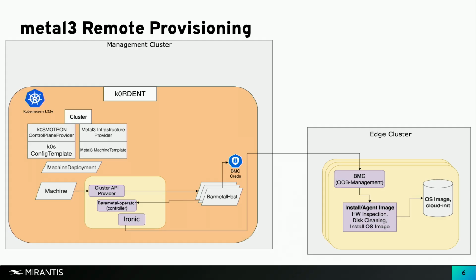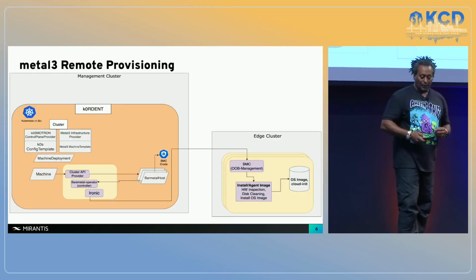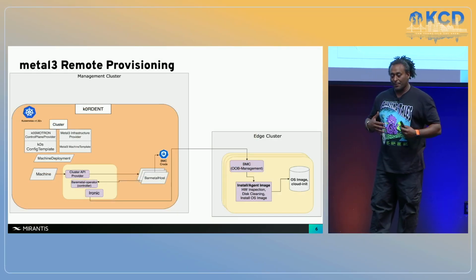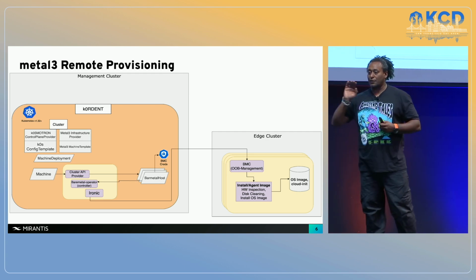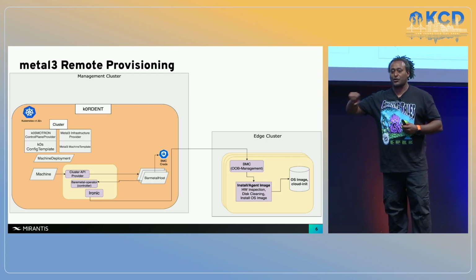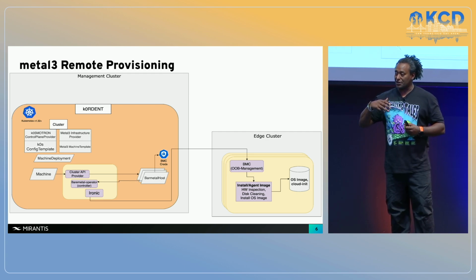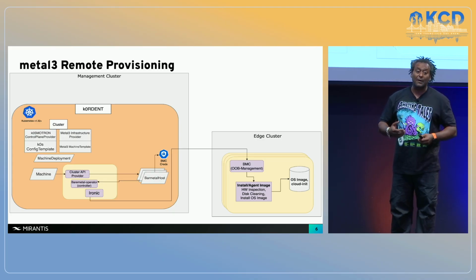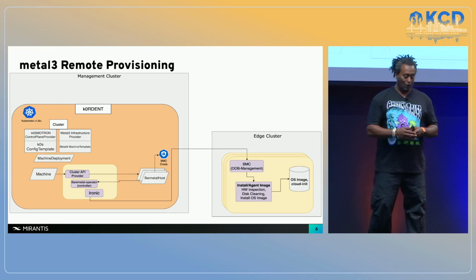So I can respect that contract, right? This is what we call remote provisioning. So the management cluster goes out, does the hardware inspection, discovers the systems, onboards the systems, shuts down the system, and then when you're ready to deploy it to become a cluster, then off you go.